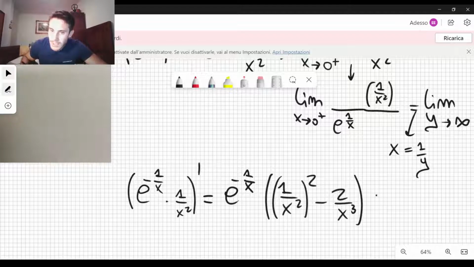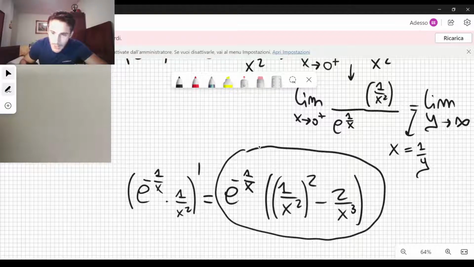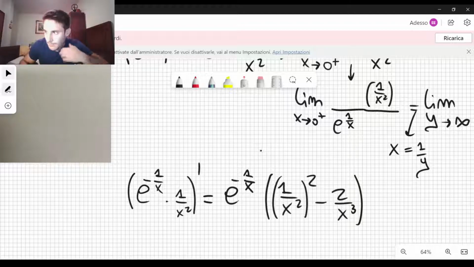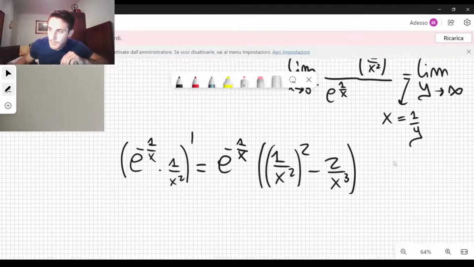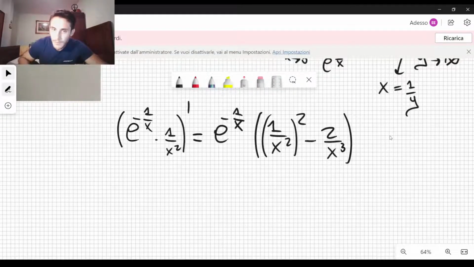But also in this case, you can show that the limit as x goes to 0 plus of this function is 0, because the exponential will decrease more rapidly than the polynomial terms of the kind x to the power n, in this case, x to the fourth and x cubed.